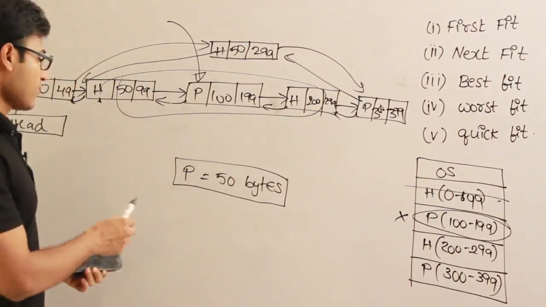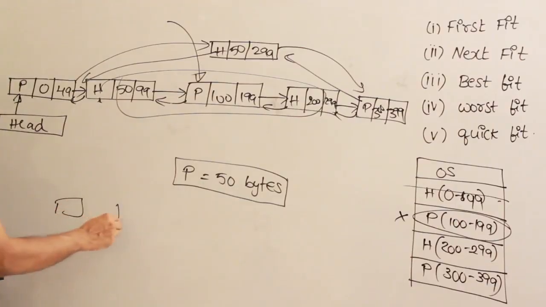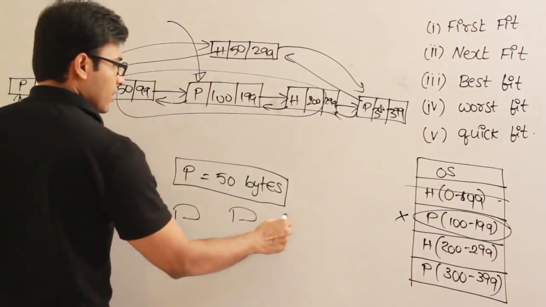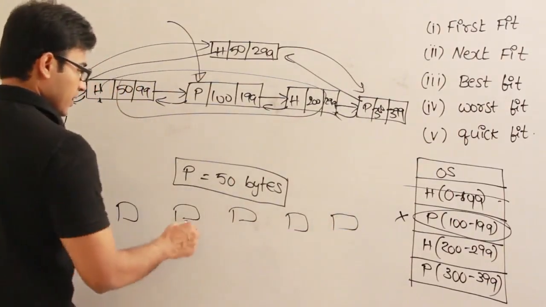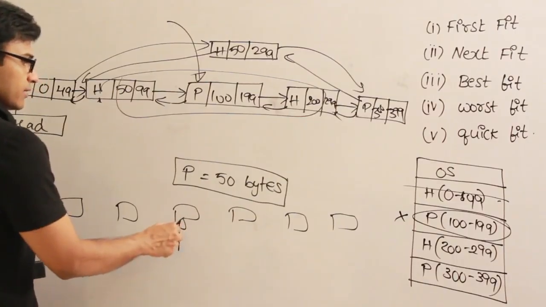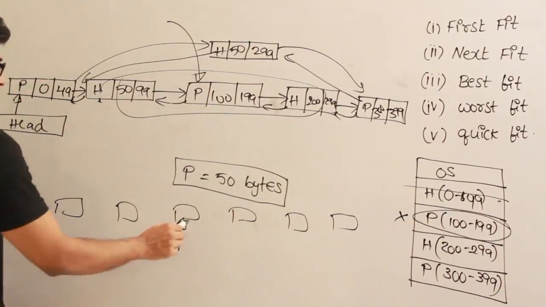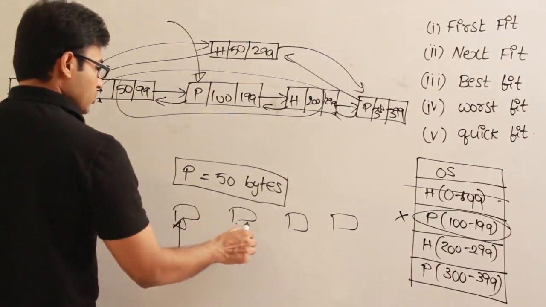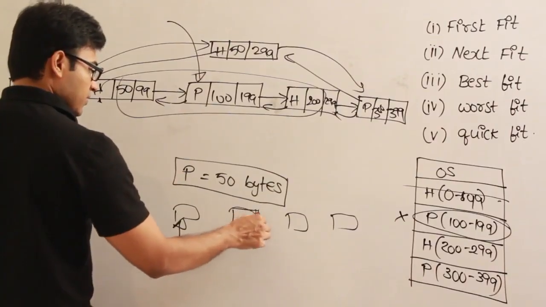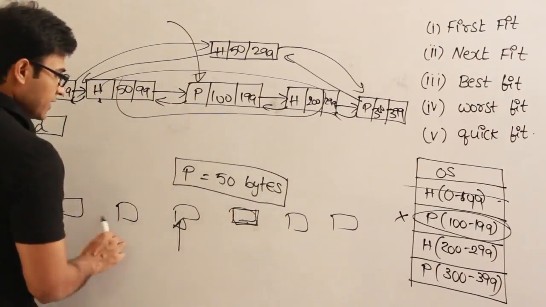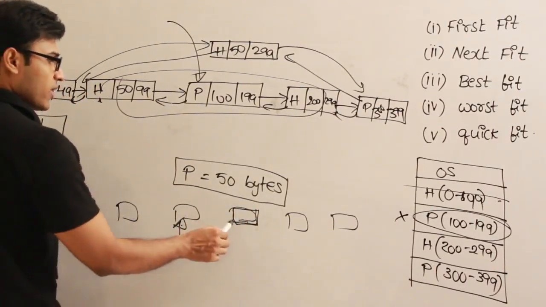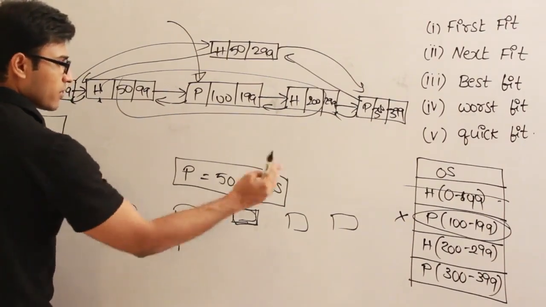Let us say we have a very big list like this, and last time we allocated a hole here. Then next fit says don't scan from the beginning, scan from this part. The idea behind next fit is that since we have already scanned the list once, the probability of finding a hole will be better if you start from that point.